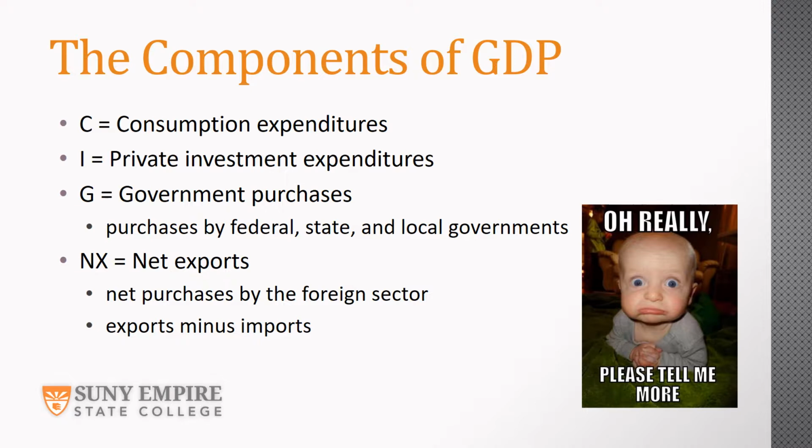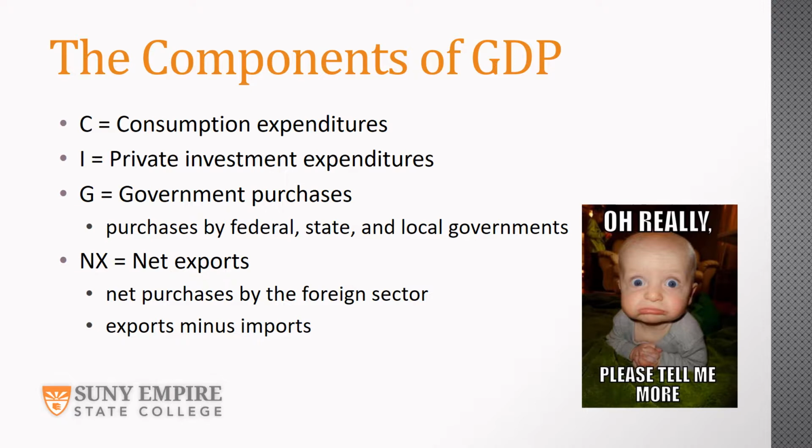I is the total investment. G is the sum of all government purchases, whether they are at the federal, state, or local level. And NX is net purchases made by the foreign sector. So it is the total of all exports minus all imports.